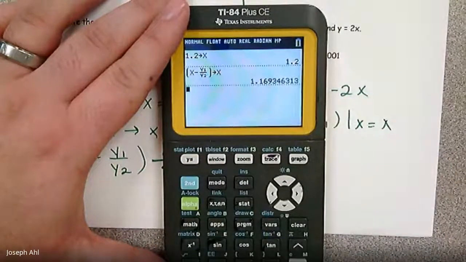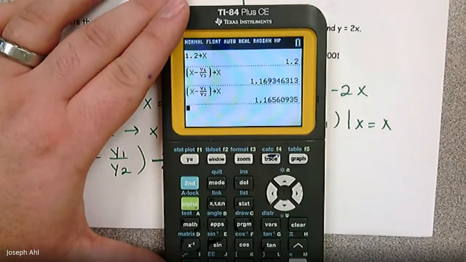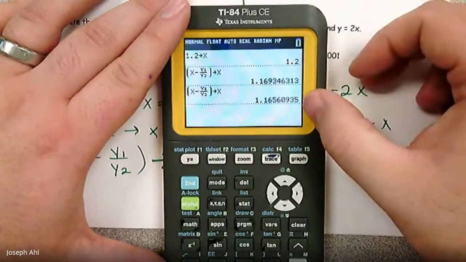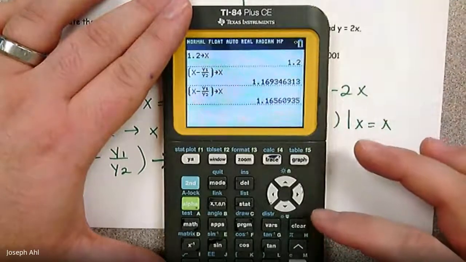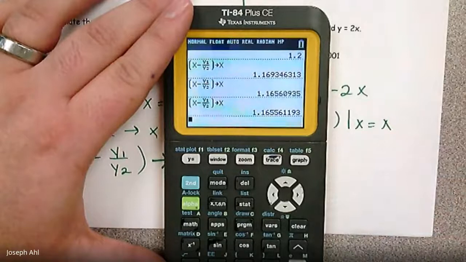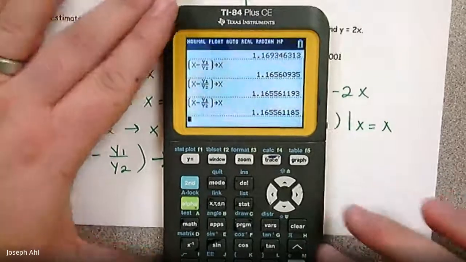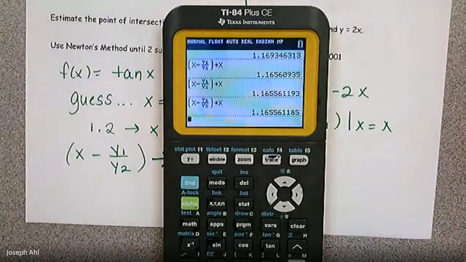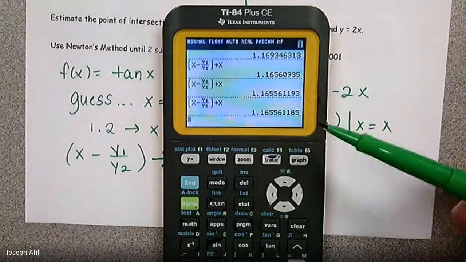If you hit enter, there's the next approximation, 1.169346. Hit enter again, just keep hitting enter. It's going to keep running through that approximation. Now the new one is 1.1656. If I run through that again, 1.16556. Okay, so we've now run through a couple of iterations, and you can see that we're already differing by less than 1/1000 or 1/10,000.